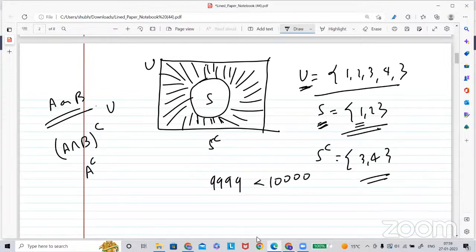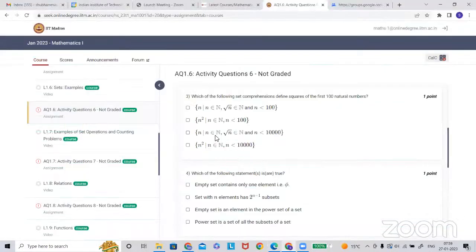Now the root of this number should be a natural number. Is this number a natural number? No. So how do I understand? Okay, I get it: perfect squares.